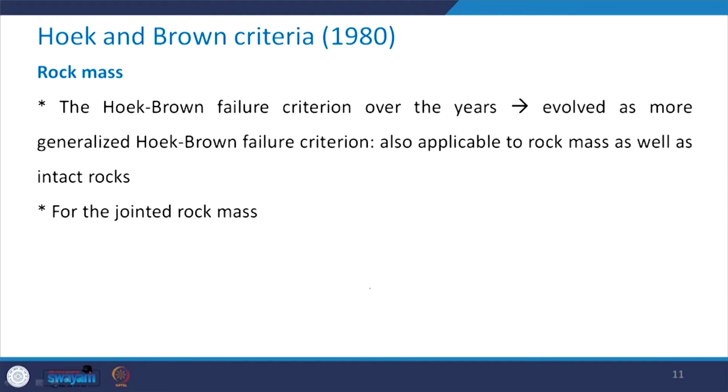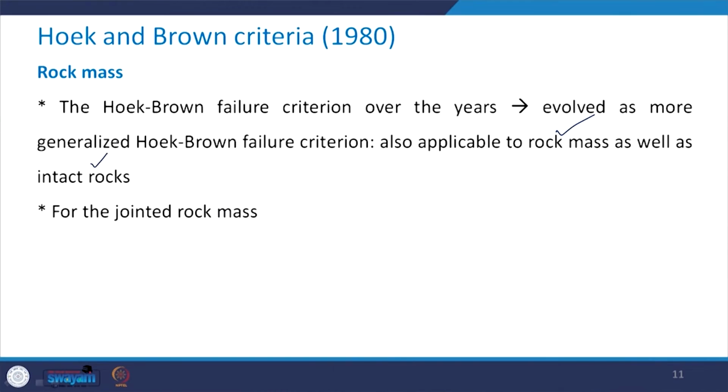So, over a period of many years, this Hoek and Brown failure criterion has evolved into a more generalized Hoek and Brown failure criterion and is also applicable in case of the rock mass along with the intact rocks.